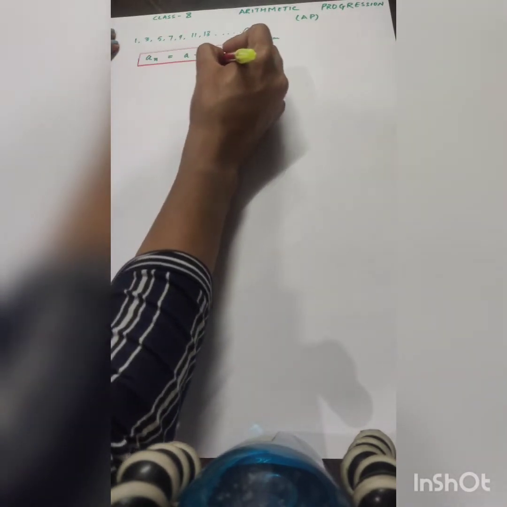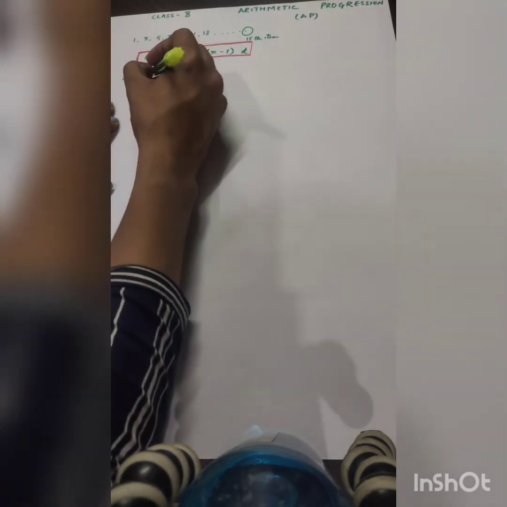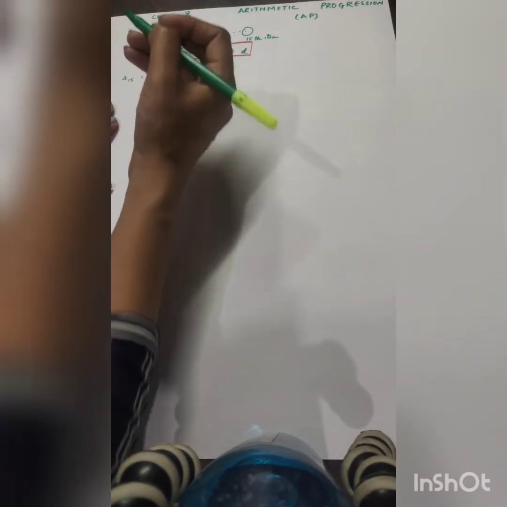Like we want the 15th number in this series. Now I will use N as 15. I'll show you. A15 is equal to A plus N minus 1 D. A is here 1. A stands for the first item.